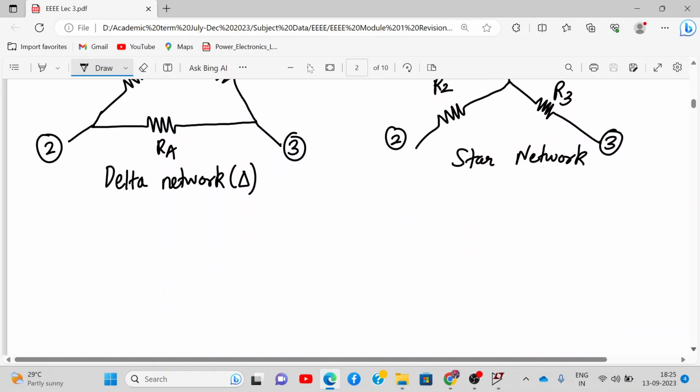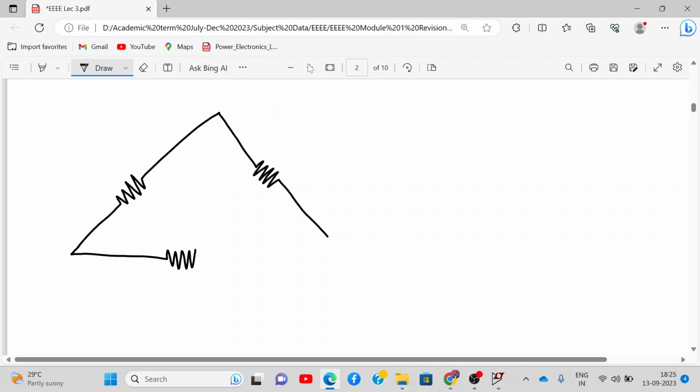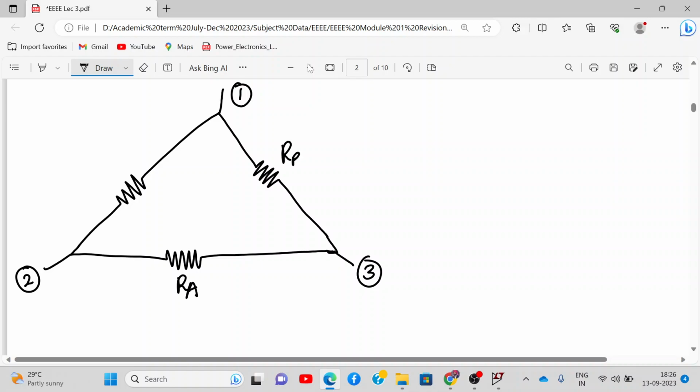For that, let me redraw the delta network a little bigger. You'll understand why I'm drawing it a little bigger. So these points I'll call 1, 2, and 3. I named this resistor RA, this is RB, and this is RC.